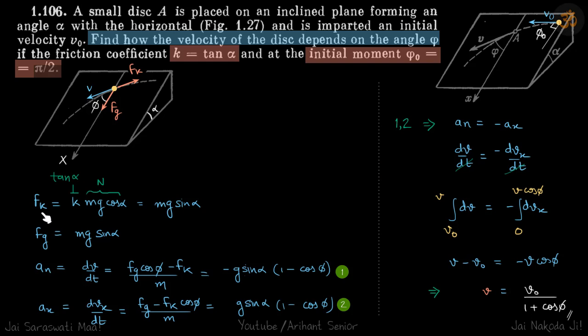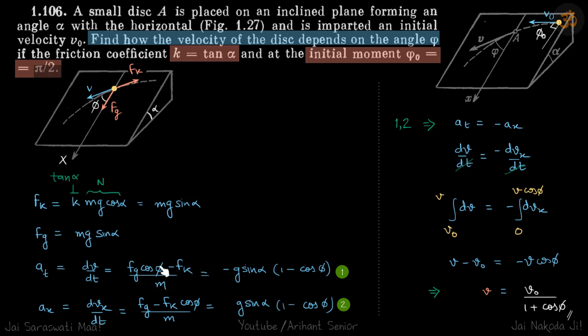So fk is equal to k mg cos alpha, which is equal to mg sin alpha, and fg is equal to mg sin alpha. So now this should be the tangential. So the tangential acceleration along this line will be dv by dt, and that will be fg cos phi minus fk.